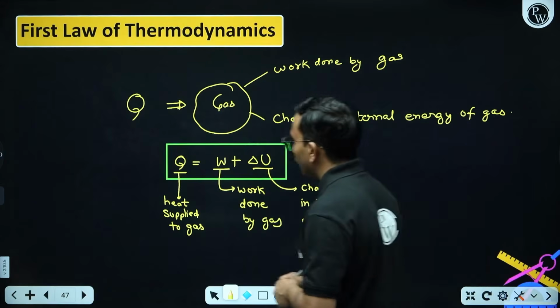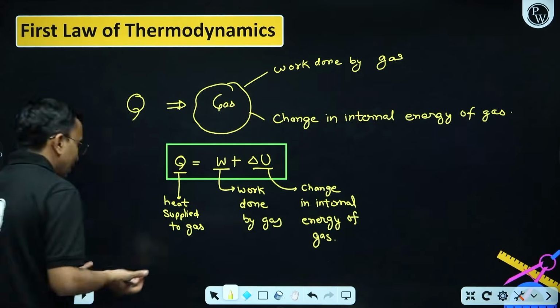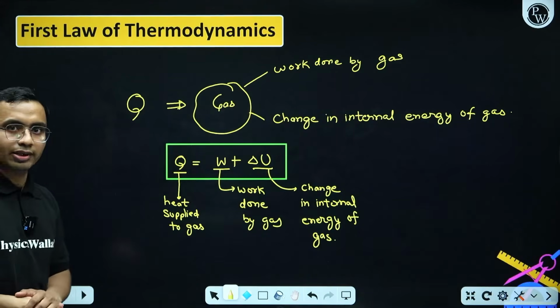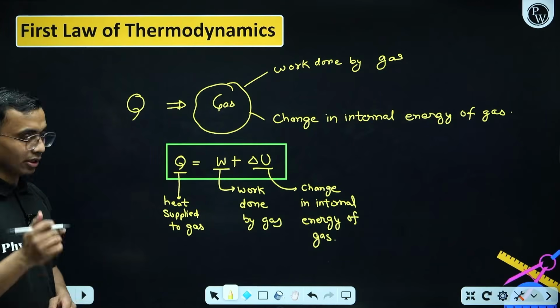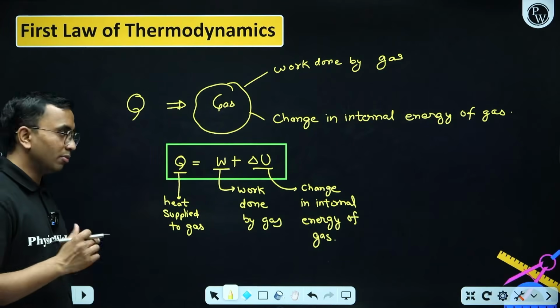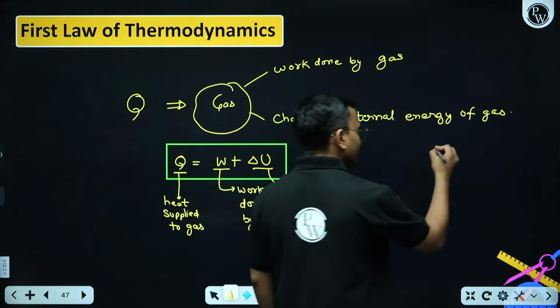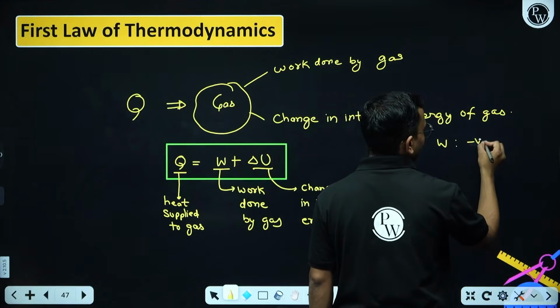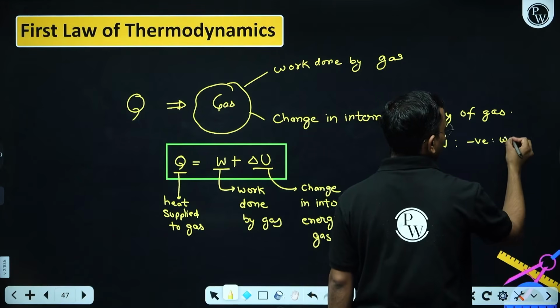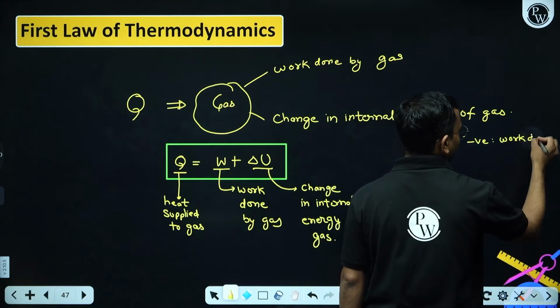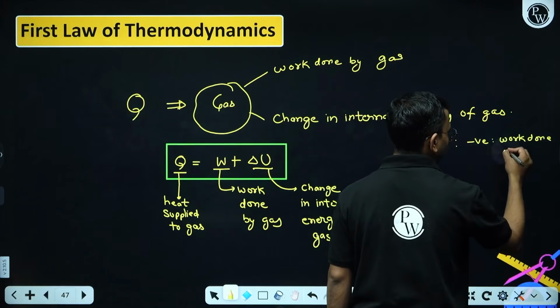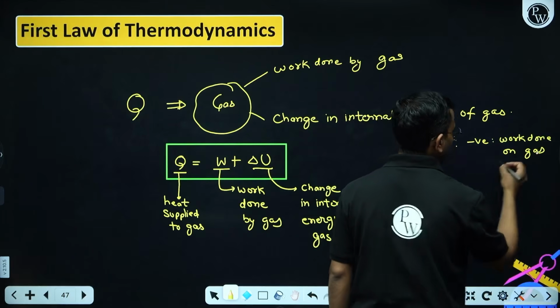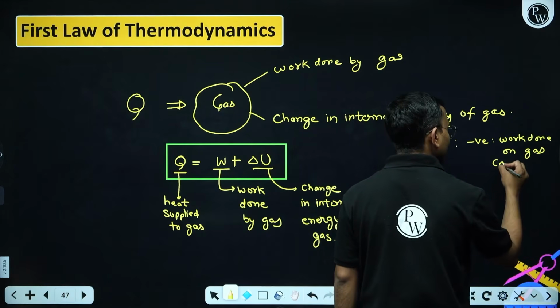Now, if work is done on the gas, that work done will be taken as negative. If work is done by the gas, that will be taken as positive. So work done can be negative or positive. It will be negative when work is done on the gas, when compression happens.